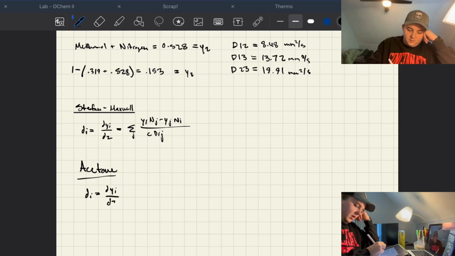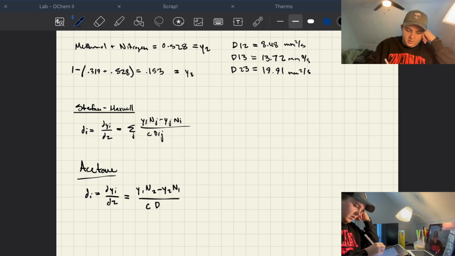We don't need the summation, but we do need our y1 N2 minus y2 N1 over our concentration times D, and then i and j is 1 and 2. Easy enough.